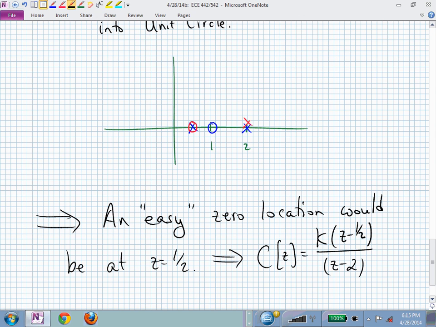Now that 0 is the center of a circle of radius, and in this case, since I located those poles nicely, I don't have to worry about a breakaway. The breakaway is right where those poles are. My radius is a distance of 1.